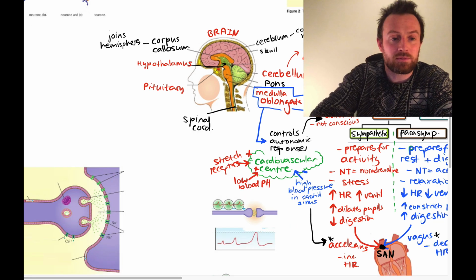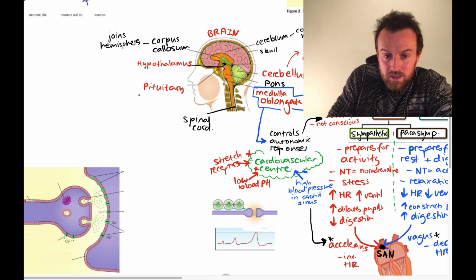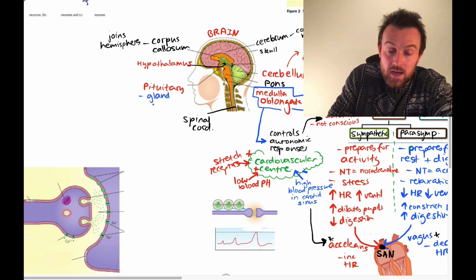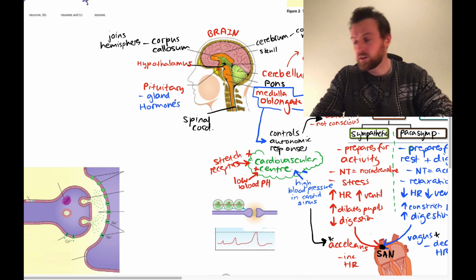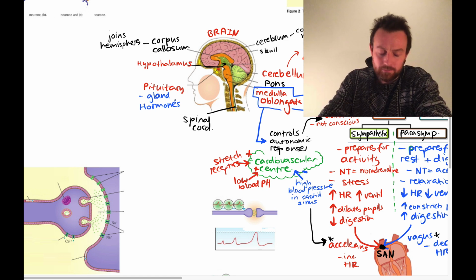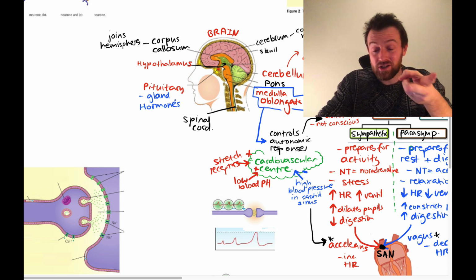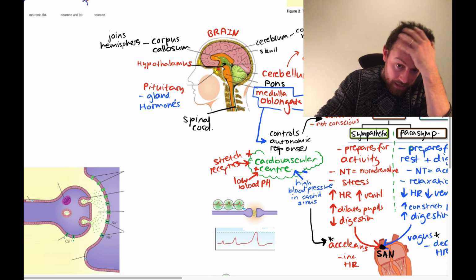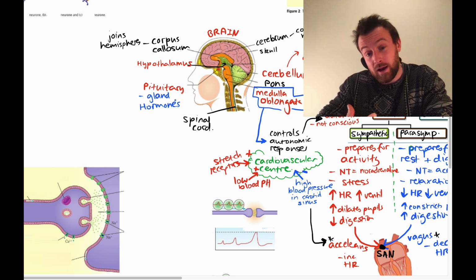Okay, so the hypothalamus and pituitary, we're going to talk about those now. Now, the first thing about the pituitary and hypothalamus is the pituitary is a gland, which means it produces hormones. Okay, and it produces loads of different hormones. For example, we've got ADH, which we talked about when we looked at the kidney. We've got stuff like FSH and LH in control of the menstrual cycle, and a load of other hormones, for example, involved in the fight or flight response.